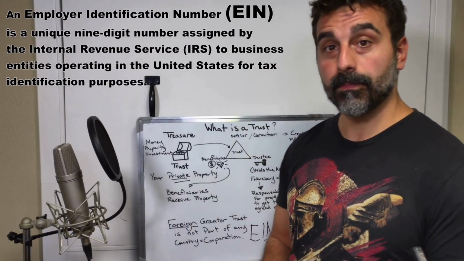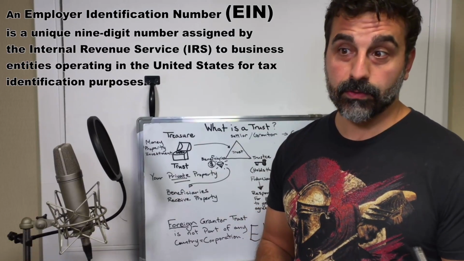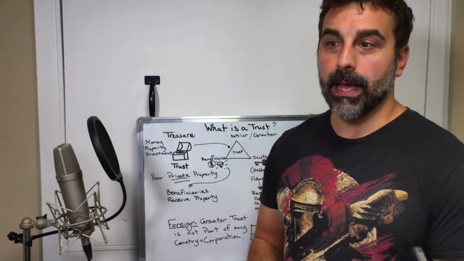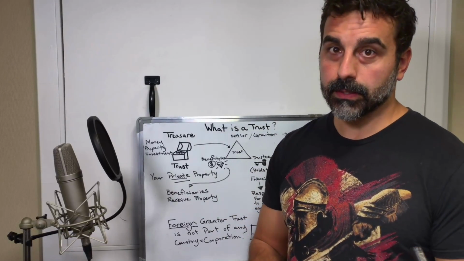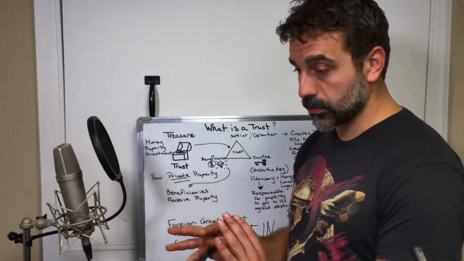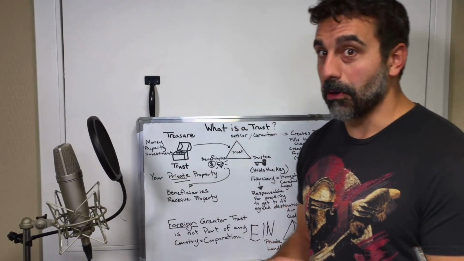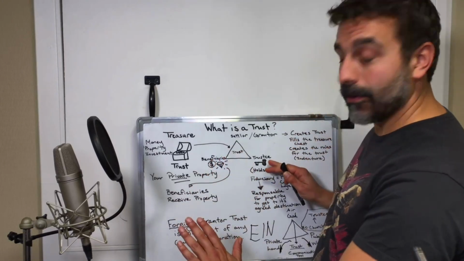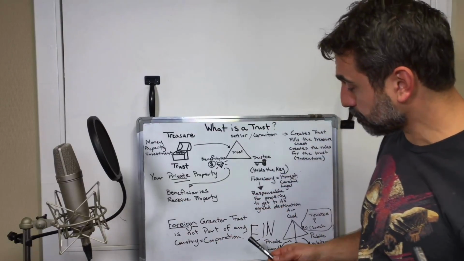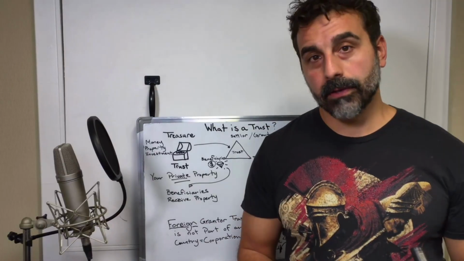And from there, you're going to need to create a non-interest bearing bank account with a bank, which is not easy if you don't know what you're doing. So don't just jump out there and try any of this. That's all private. If you want to know more, there's a lot of information to clarify this, but don't just jump into this. This is only for viewing pleasure, to understand the basic concepts. So the EIN is basically the business number for your foreign grantor trust.